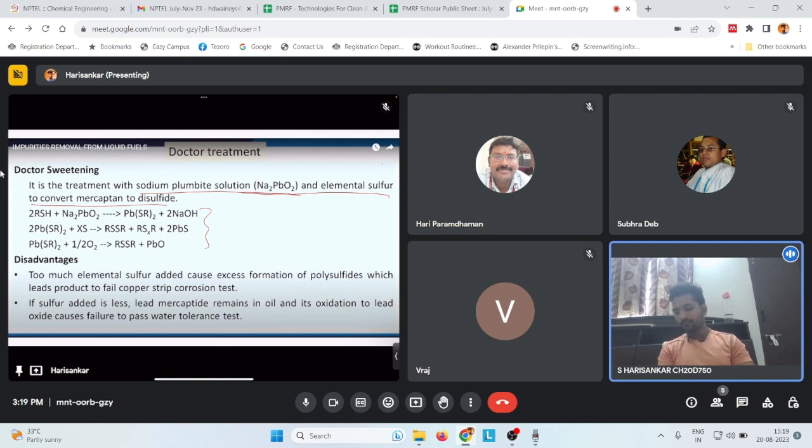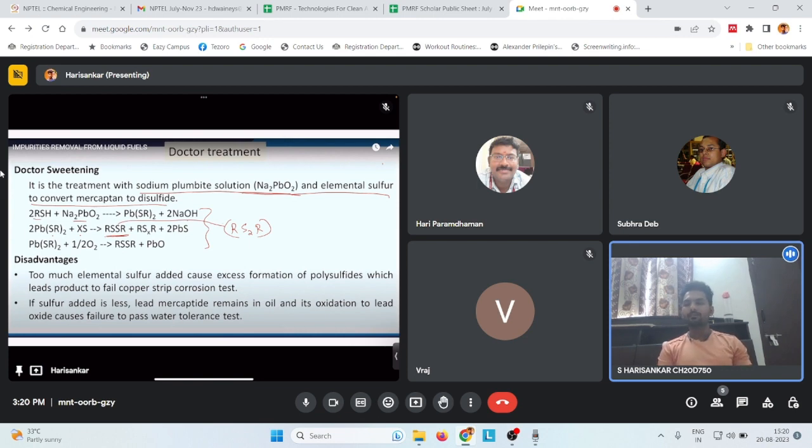So the mercaptan will react with the sodium plumbate to form a lead-based sulfur complex, Pb(SR)2, and sodium hydroxide, and this Pb(SR)2 will react with elemental sulfur to form disulfide compounds, RSSR, which is this one basically.